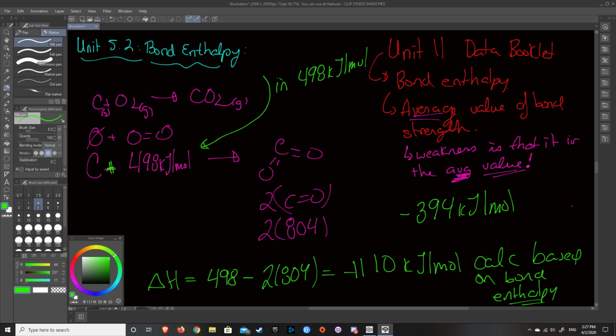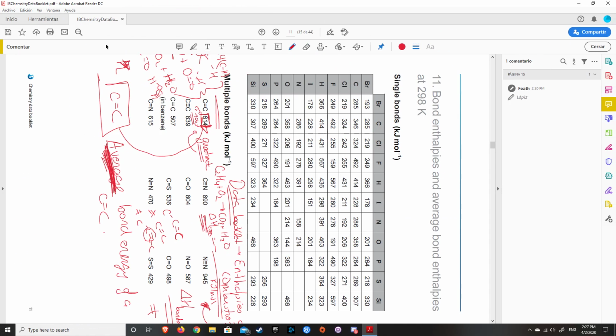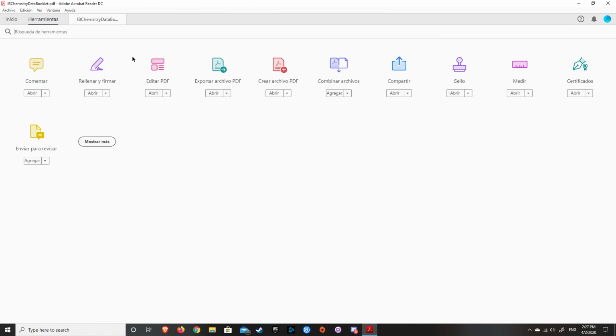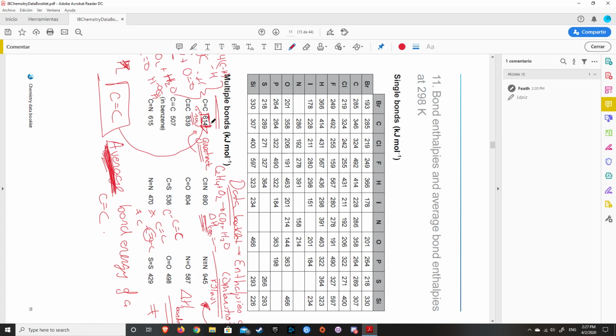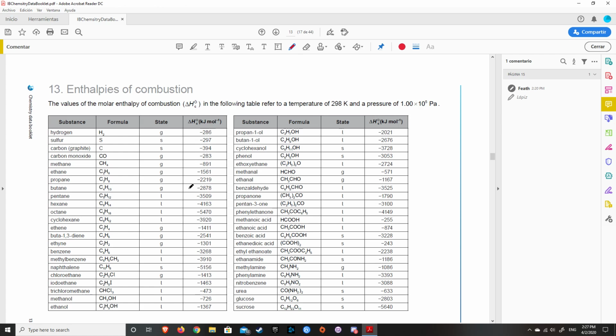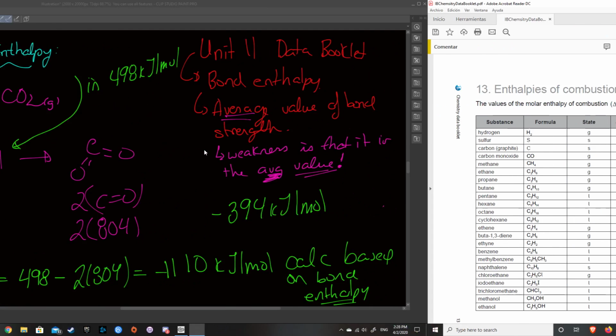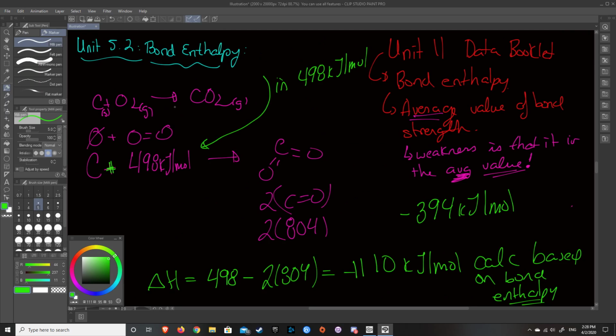We assume it's not bonded to anything else, so that's why we don't have any bond enthalpy. But what they did here is that they assumed it was graphite. So graphite has different bonds, so we're going to have different bond enthalpy. I assumed it was just carbon completely by itself, but the combustion data assumed it was graphite.